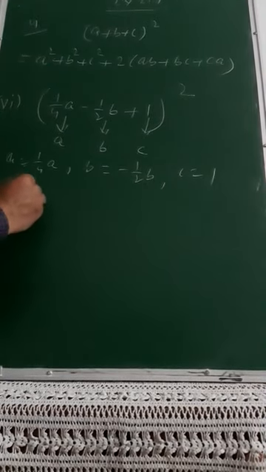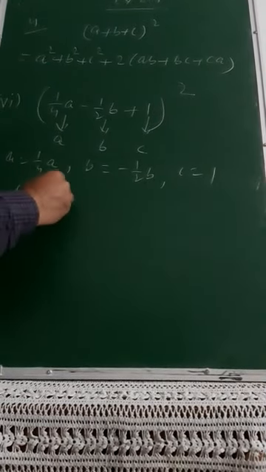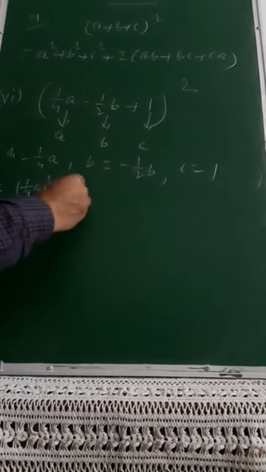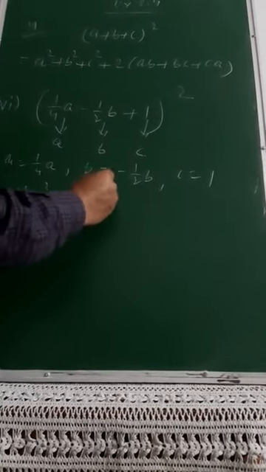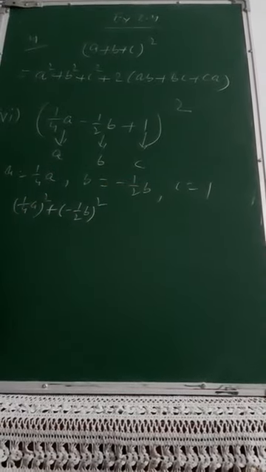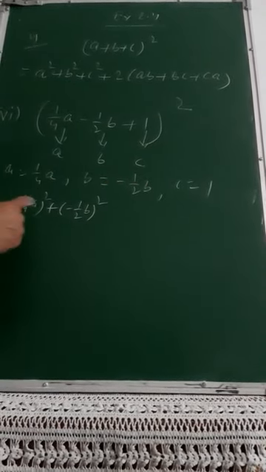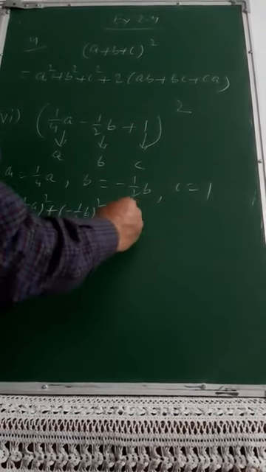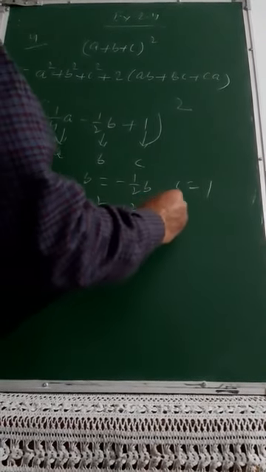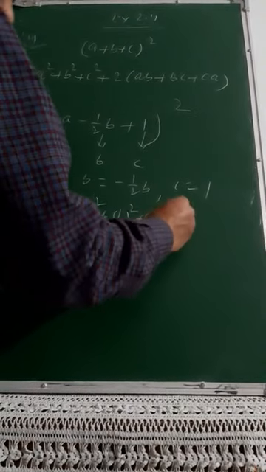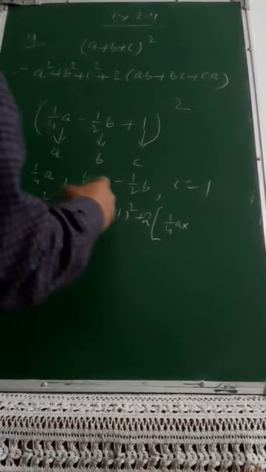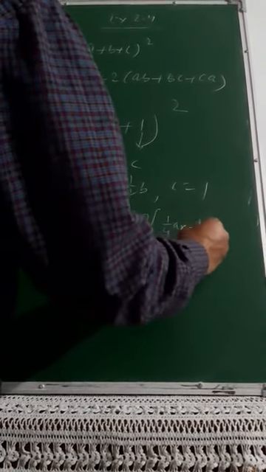A square means (1 upon 4a) square. I said you will always be using the plus sign, but if it is negative, inside the bracket you use the value of B, that is (minus 1 by 2b) square. A square plus B square plus C square plus 2 bracket. A into B means 1 upon 4a into minus 1 upon 2b.